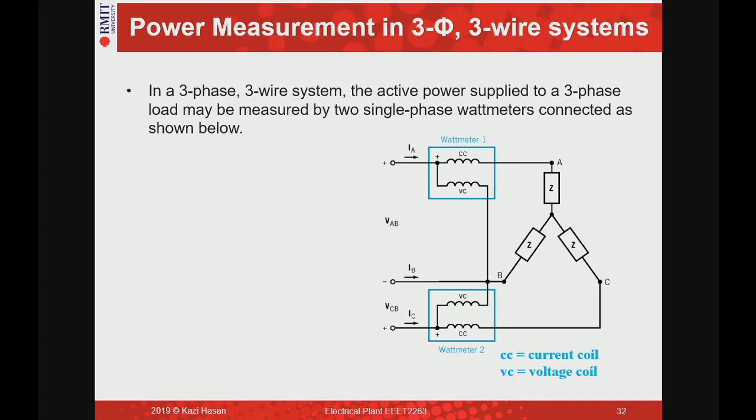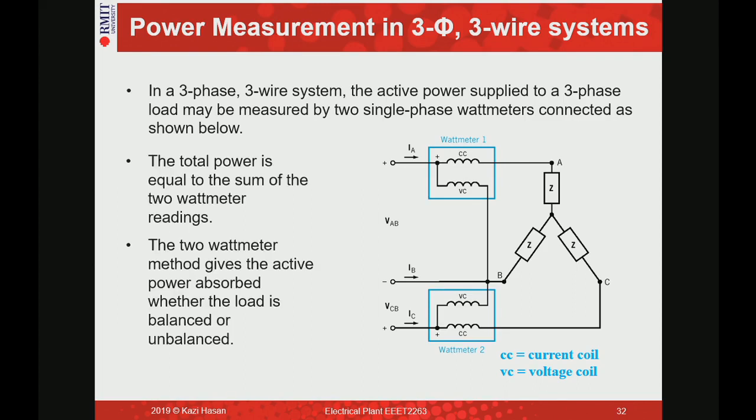So to calculate three-phase power in a three-phase circuit, we need to use 2 wattmeters, and the connection, as you can see, is that our current coil is connected in series in both of the cases, and the voltmeter is measuring the voltage in parallel.